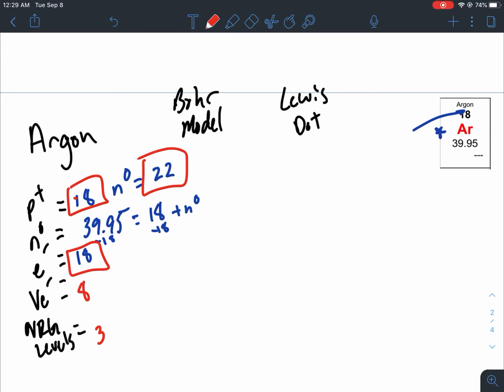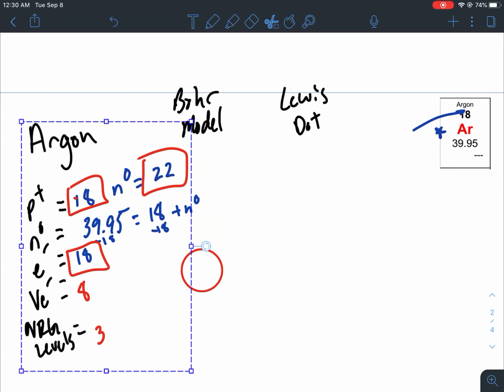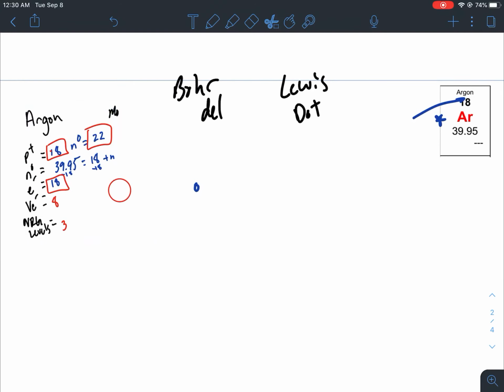So now comes the more difficult part. We start to draw out the structure itself of the atom. I don't think I'm going to have enough room here, so I'm going to cut all of this and make it just a little bit smaller, just so we can get that out of the way. Let's try this again.